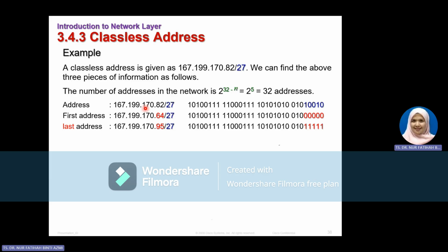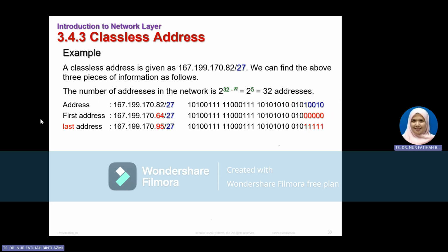To get the network address, we need to ensure that all host bits are set to 0. If we look at the binary representation of the given address here, the last 5 bits are the host bits.